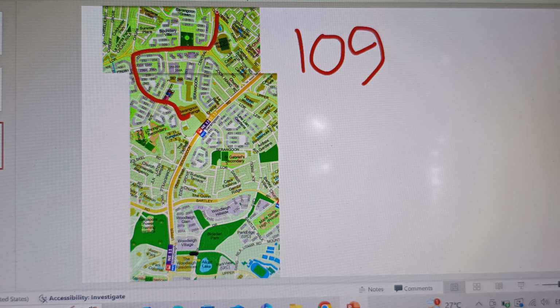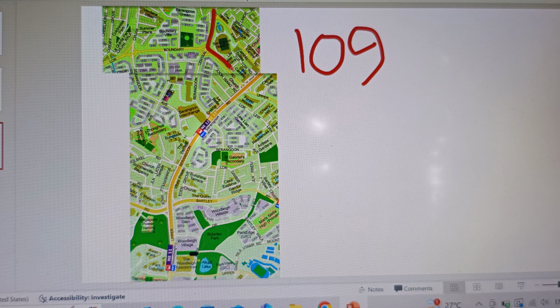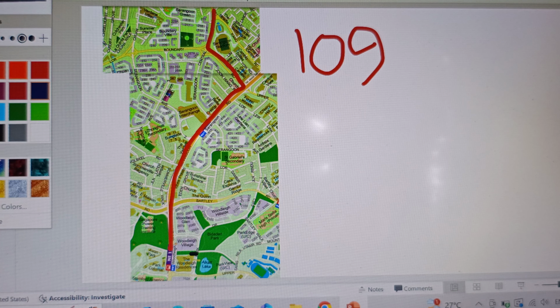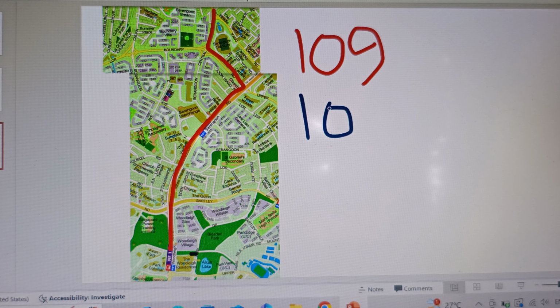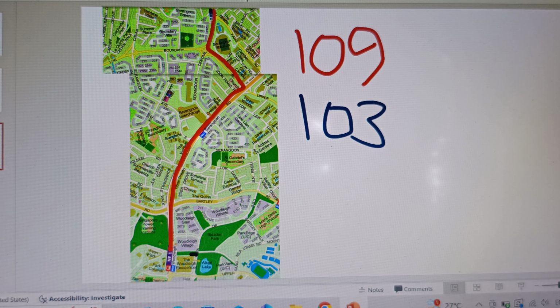Upper Serangoon Road. So if you ever want 109 to go to Bidadari, you would have to do this kind of thing, and then you probably have to do something to service 103 as well, like this.